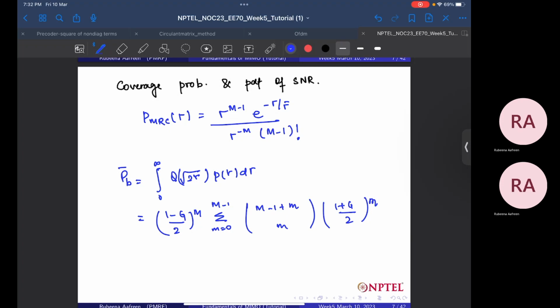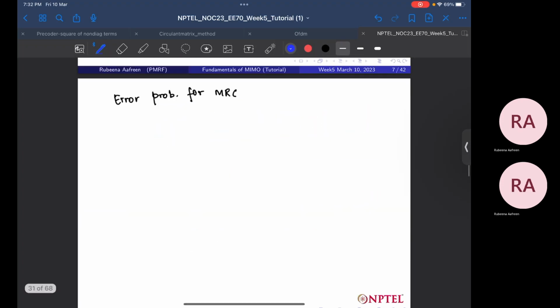So one thing I would like to mention is that the symbol error probability for MRC, you can see this in lecture number 25, I think, is proportional to gamma to the power of minus MR. So what this means is that as the number of branches increases, the probability of error decreases, right?